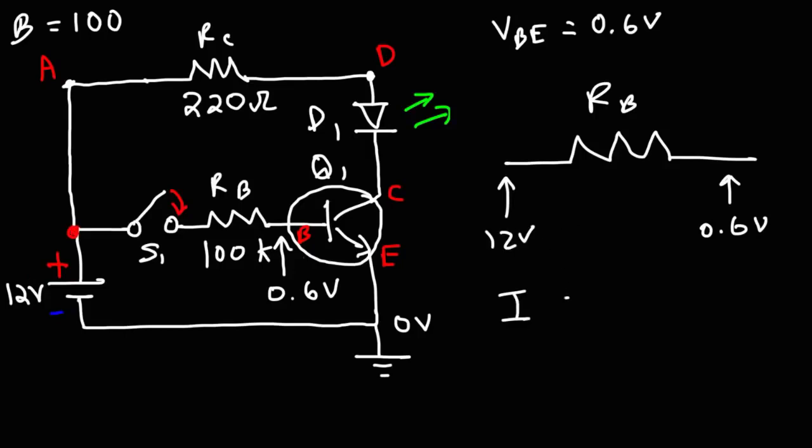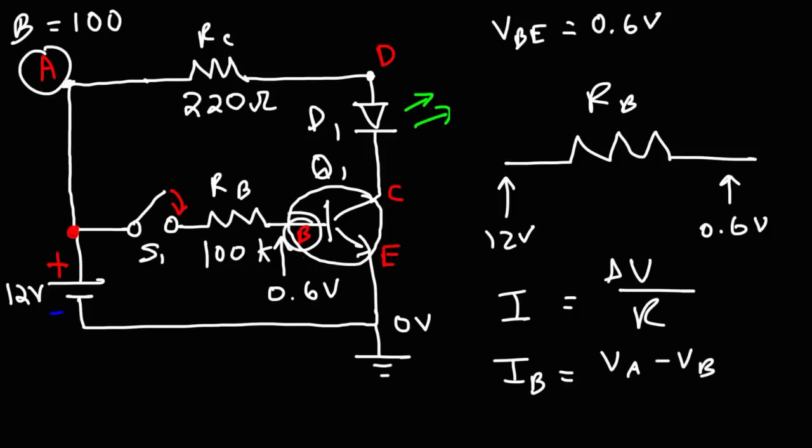According to Ohm's law, the current flowing through a resistor is the voltage across that resistor divided by the resistance. So IB is going to be the voltage across the resistor, which is VA minus VB, the difference between the potential at A and the potential at B, divided by RB.